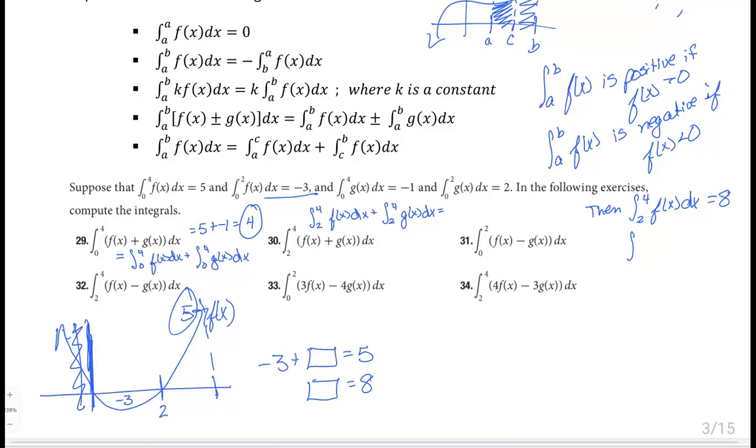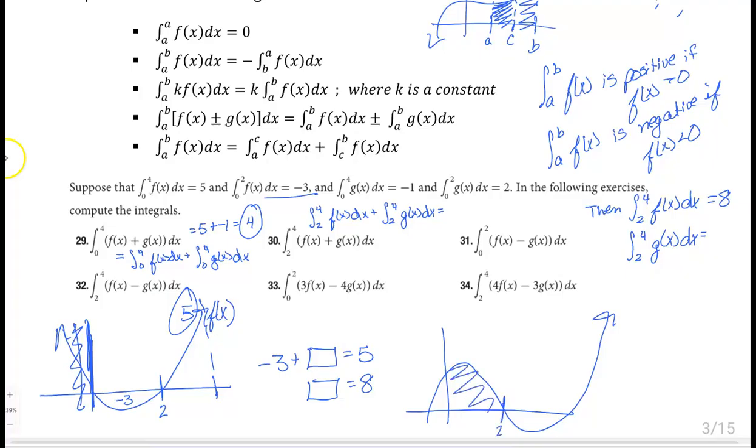Let's do the same thing for g, because we're going to need that. So for g, they're telling us from 0 to 2 is going to be a positive 1. And again, I don't know what this function looks like, so I'm just creating something here.